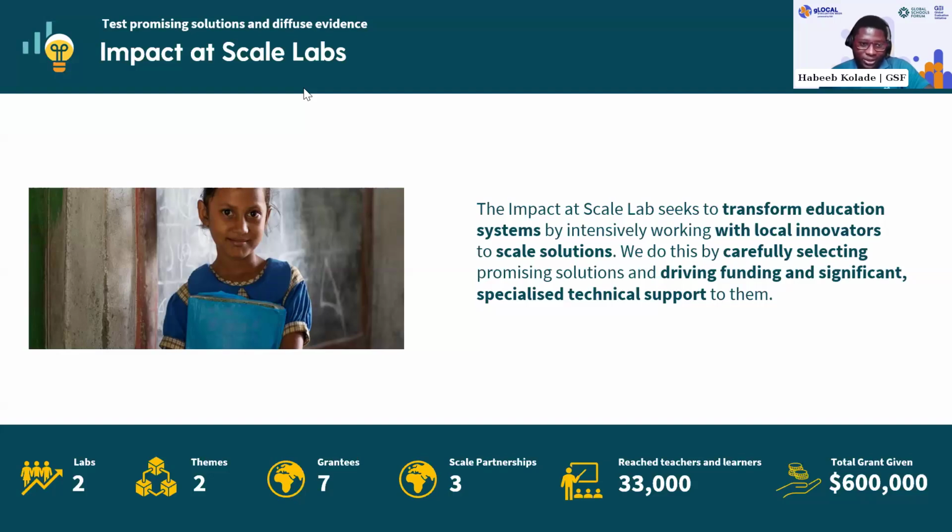That started about 2 years ago, and since then we've run 2 labs. One has been completed, one is currently ongoing in Kenya, and that has supported, or is supporting, about 7 grantees, and we've given about 600,000 USD in grants in total to these organizations.